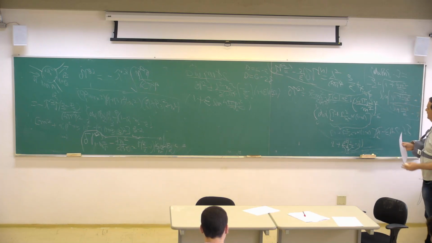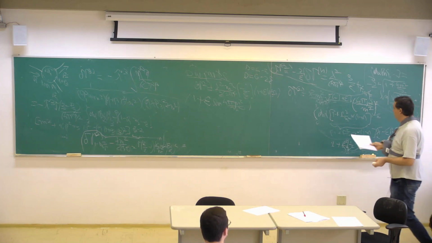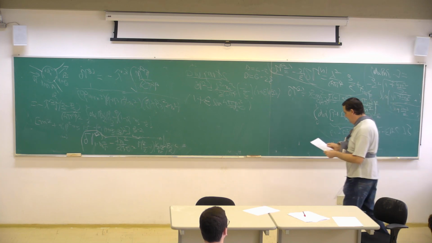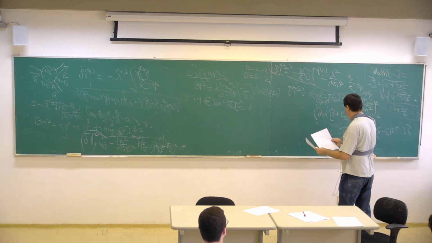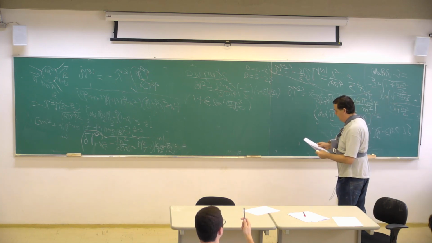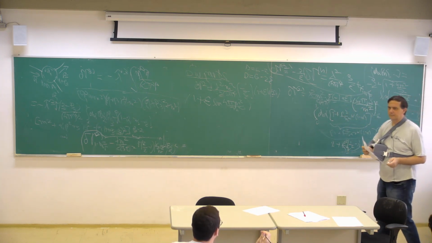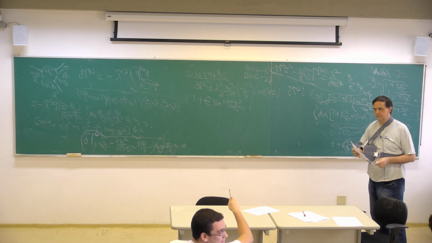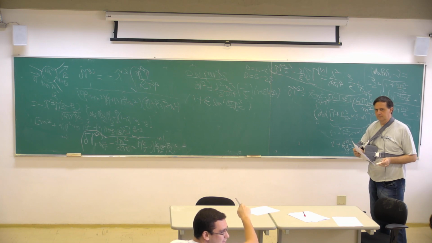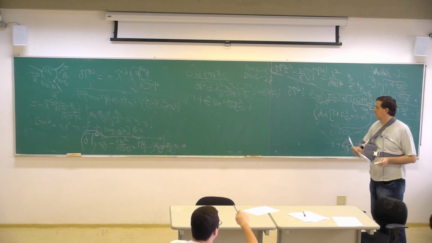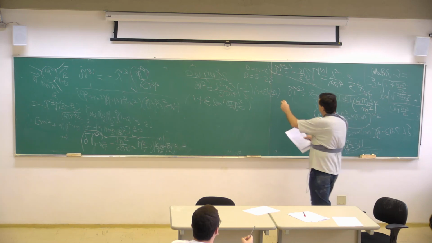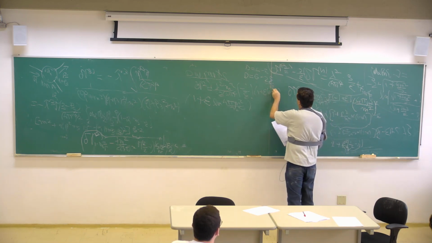Let me see if I understood your question. You were saying that perhaps if we define the dimension as 6 minus epsilon instead of 6 minus 2 epsilon, the divergent part will change. No, I just define this as epsilon tilde.